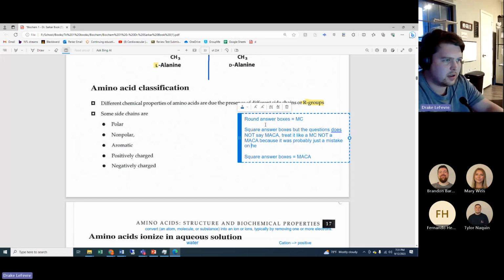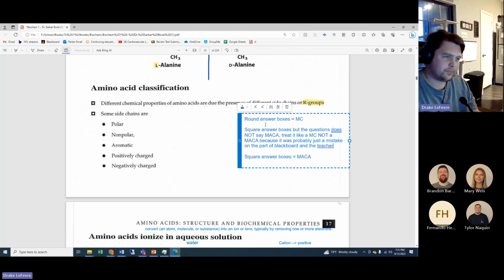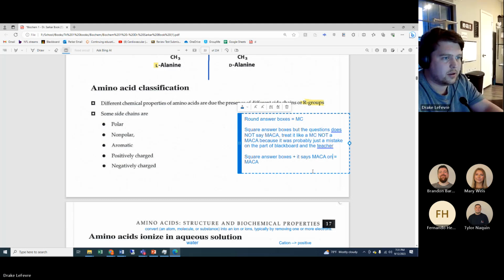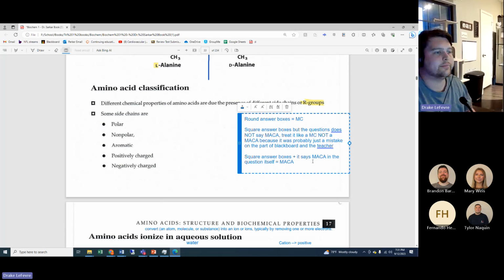Probably just a mistake on the part of Blackboard and the teacher. So yeah, if you see the round answer boxes, multiple choice; square answer boxes, plus it says MACA in the question itself, that equals a MACA.